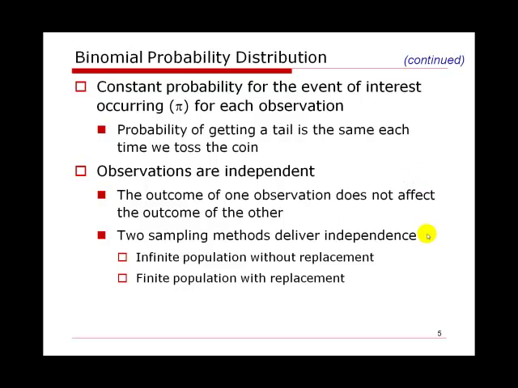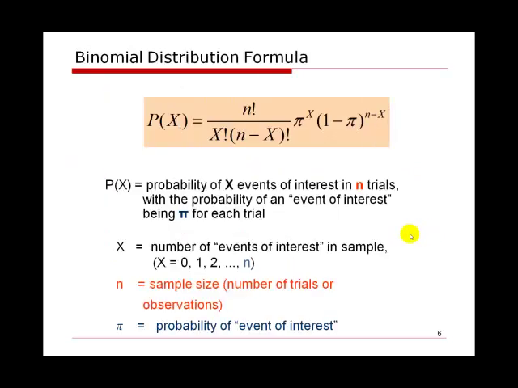Once we know a certain probability distribution is a binomial distribution, we can use this formula to calculate the probability. If we take a look at the formula, we have basically three variables or three notations here. One is n. n is the sample size, or the number of observations we have.